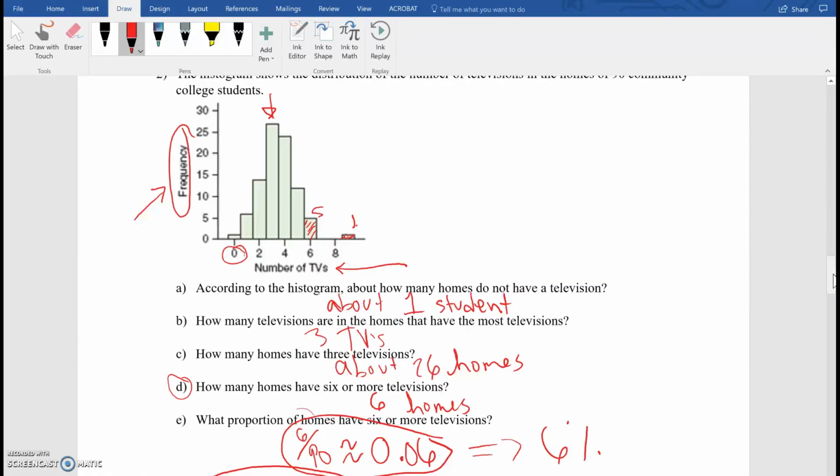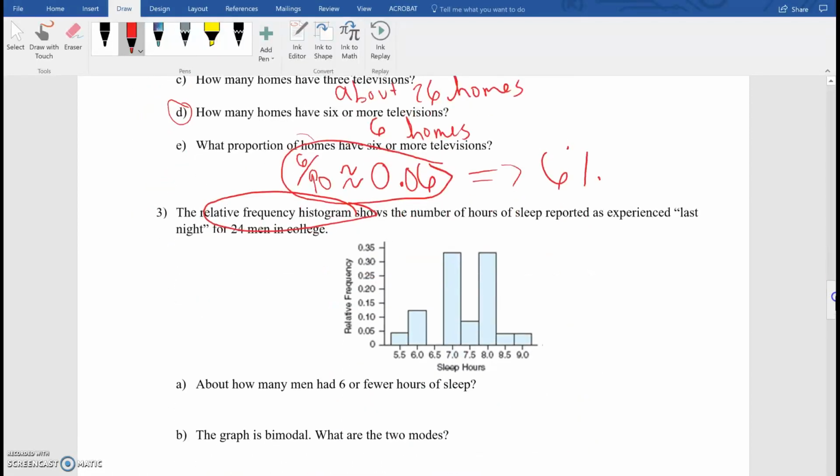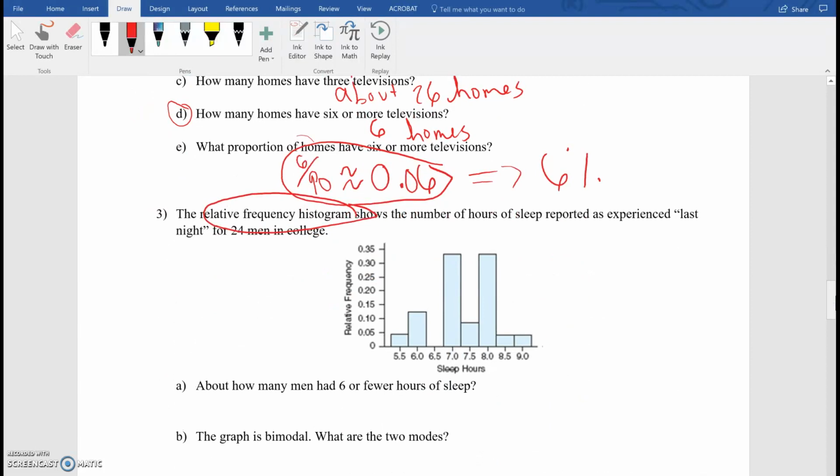So it only gave me numbers, so the number of homes. Whereas here, they don't give me the number of males. It gives me the proportion of males, right? So basically all they did is look at how many males, I don't know, slept for 5.5 hours, and then they divided it by 24, and that's how they got this percentage, right? That's basically all it was.